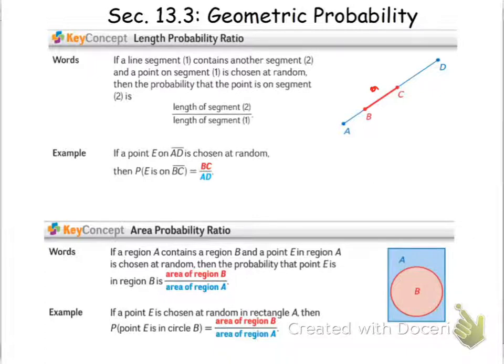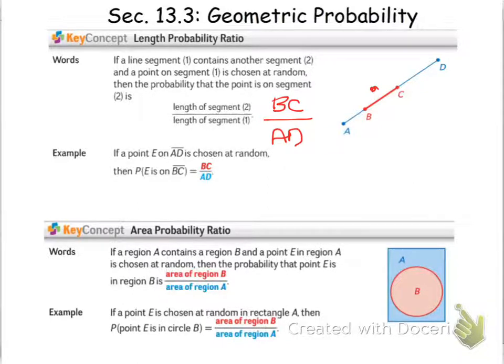And so you would take what the length of BC is, and you would divide it by the whole thing, which would be AD. And this would get you a decimal. You would move the decimal over twice, and that would be your percentage.